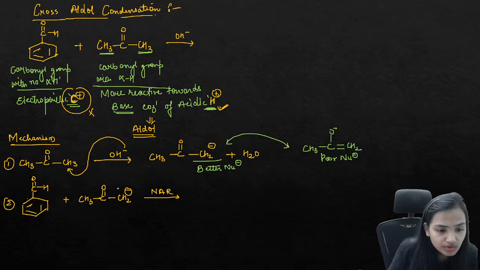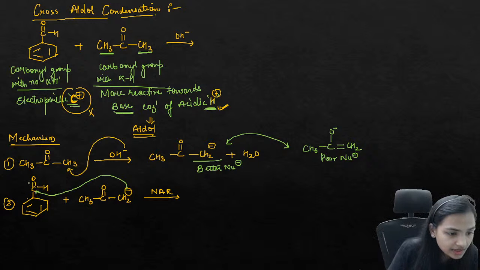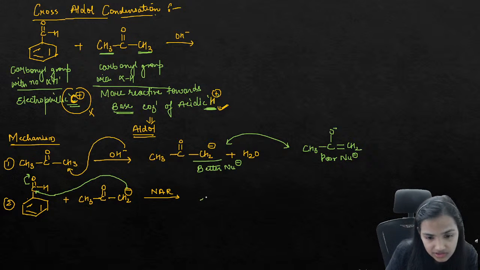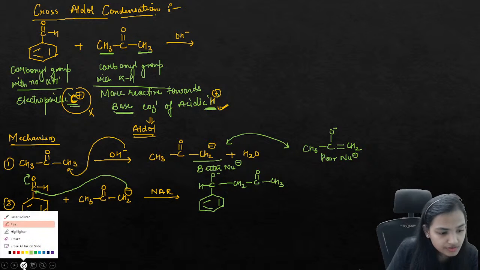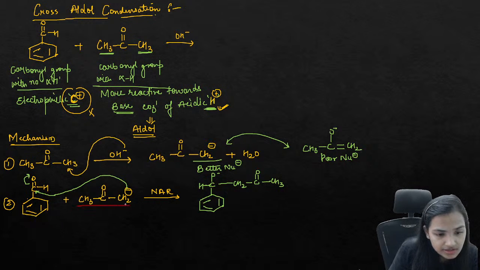The nucleophile will attack this carbonyl center and the pi bond will be broken in such a way: CO negative, this is the hydrogen, this is CH2, C=O, CH3. So this is your carbonyl center.